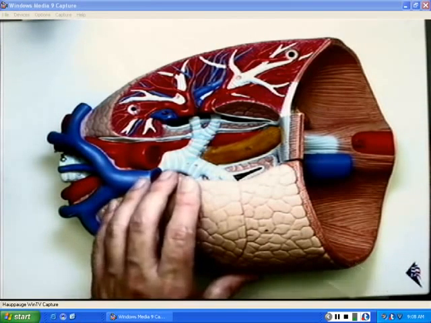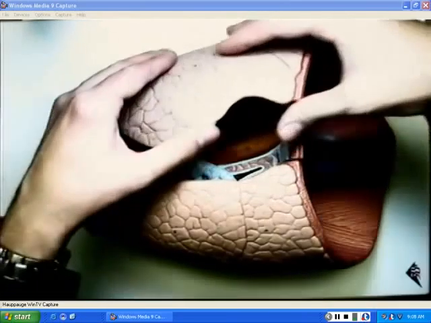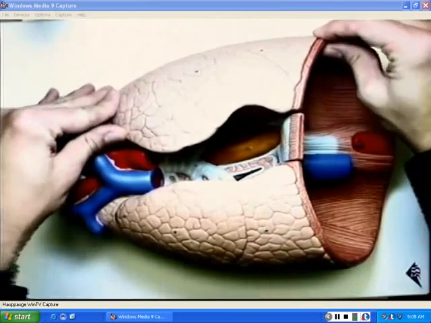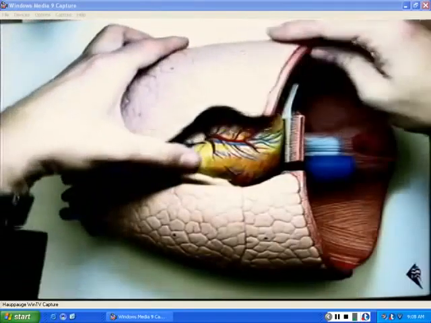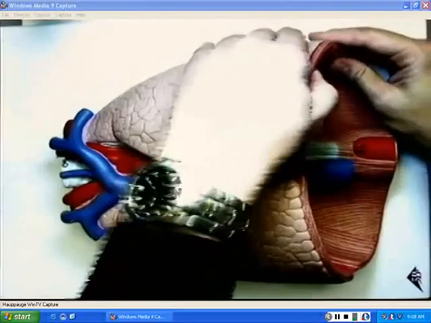And note that the curvature to the inferior aspect of the lung is determined by the shape of the diaphragm. So the lung's shape is determined by the heart and by the diaphragm, and receives most of its shape, position, and number of lobes from these structures.